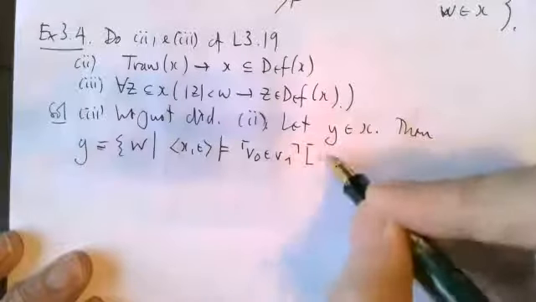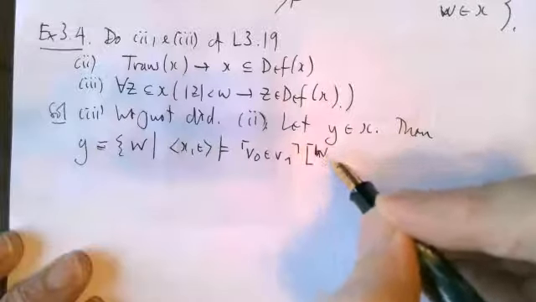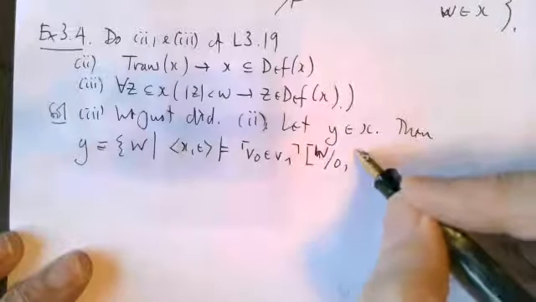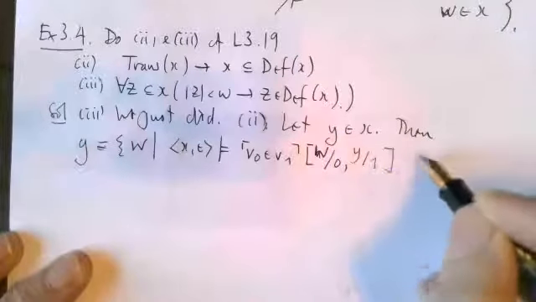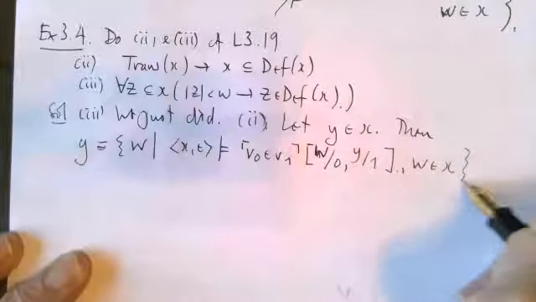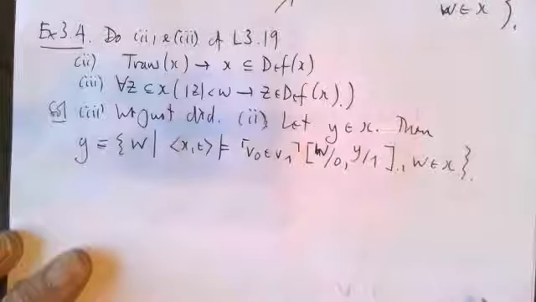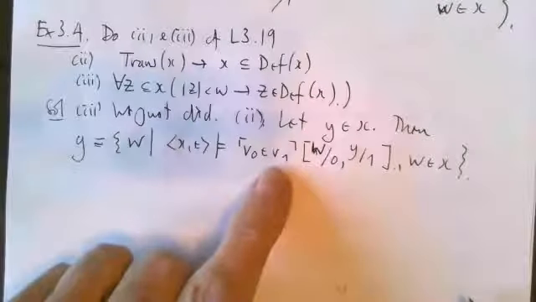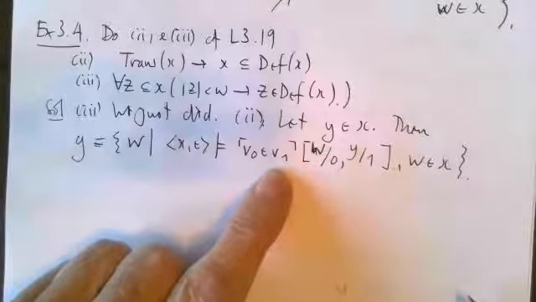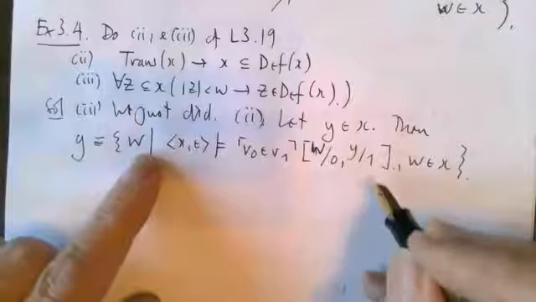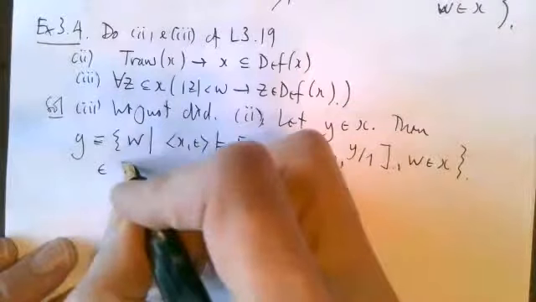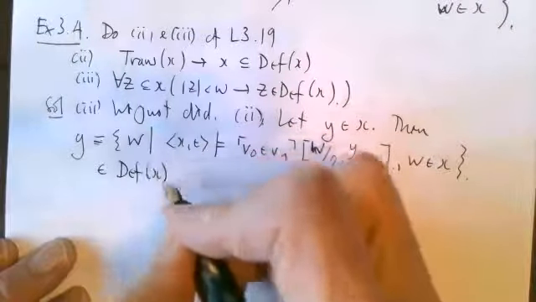I'm going to put in various W's for V0, but for V1, I'm going to put in Y. And W can vary over X. So this formalism just picks out those elements that are in Y. So here's the set of W's that make up Y. So this set is Y. All we've done is ensure that this is definable over X.